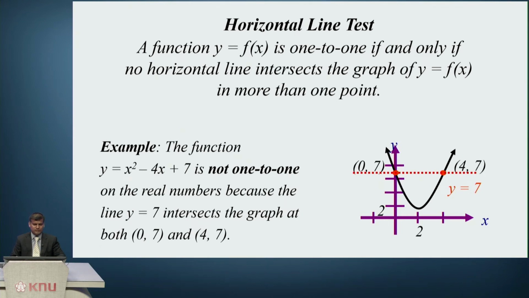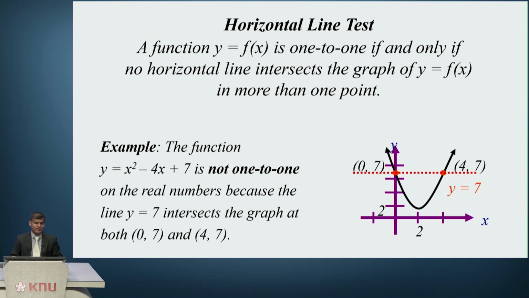So that's one reason we can use this horizontal line test, so that you can see if a function is one-to-one or not. Suppose no horizontal line intersects the graph at more than one point, we can say it is a one-to-one function.